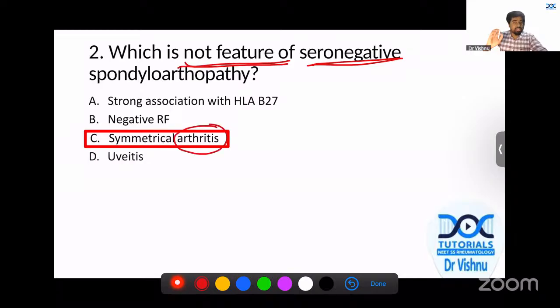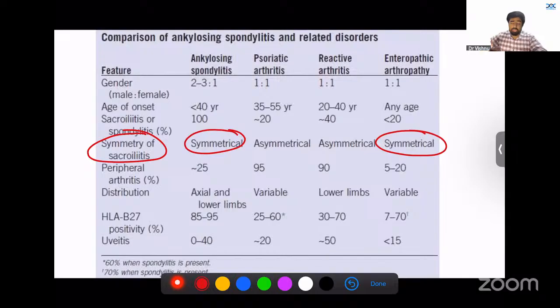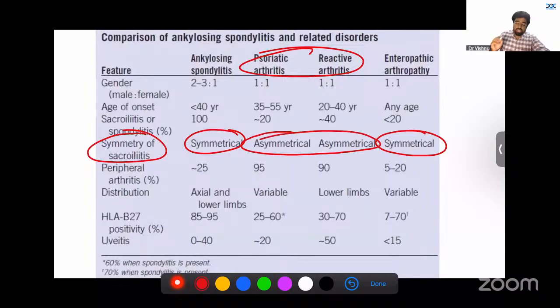Understand this arthritis is not your sacroiliac joint involvement, because some of you may think sacroiliac joint involvement is also there as a symmetry. If you do not remember this, it's much easier, but if you get confused, then there is a problem, right? In sacroiliitis, in your predominantly axial spondyloarthropathies like ankylosing spondylitis and enteropathic arthropathy, you have symmetric sacroiliitis, while in your predominantly peripheral spondyloarthropathies like psoriatic and reactive, you have asymmetric sacroiliitis.